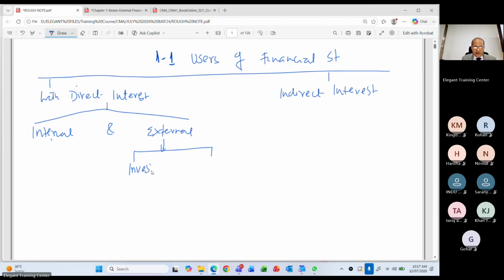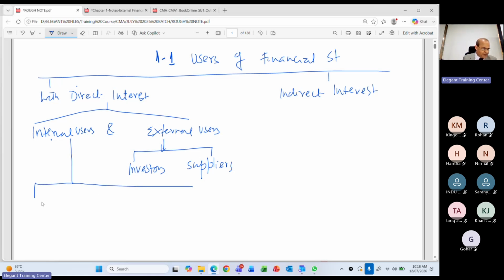Investors and suppliers. They are called external users. External users and internal users, right? Now, under internal, who is coming under internal?